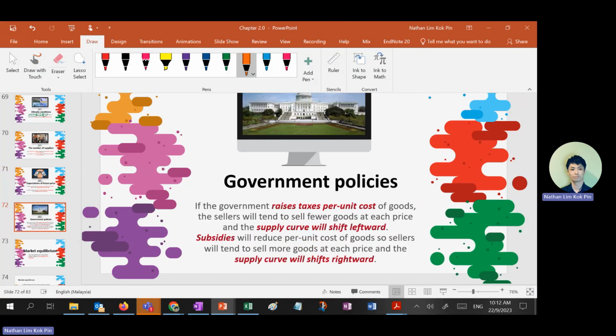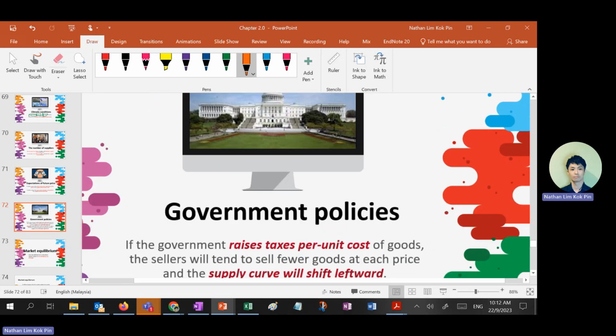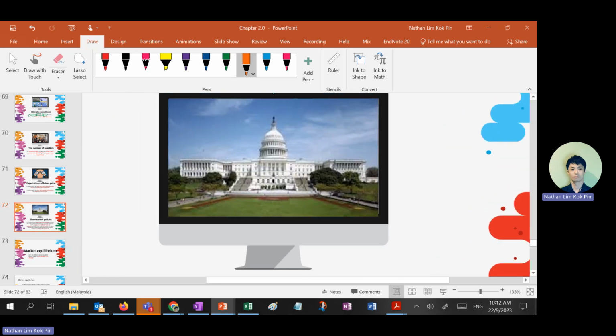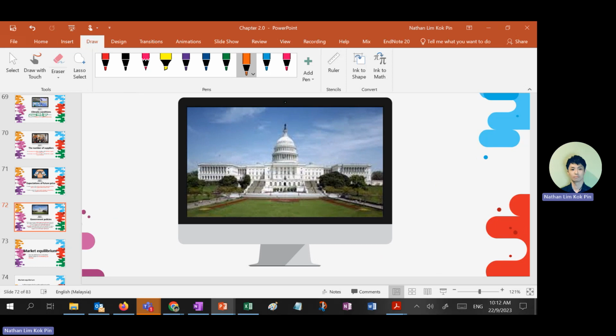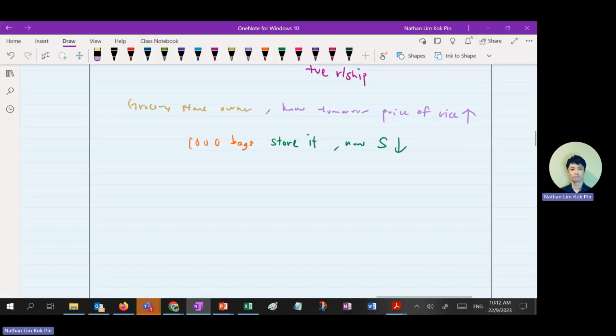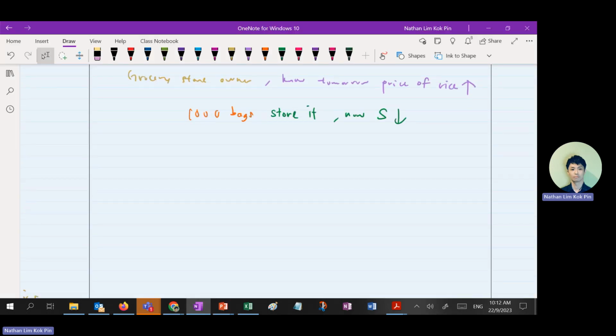Last one is government policies. Government policies, there are two things you can write. One is tax, another one is subsidy. Depends on what you want to write. If you feel like you want to write tax, you write tax. If you want to write subsidy, you write subsidy.